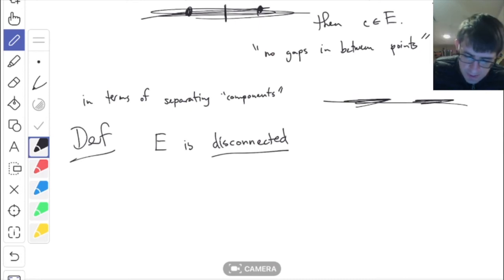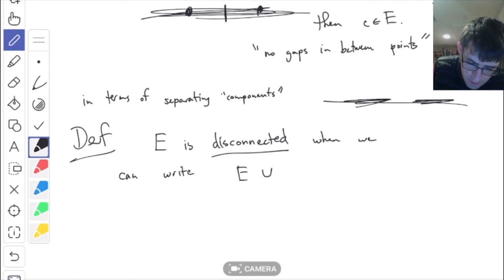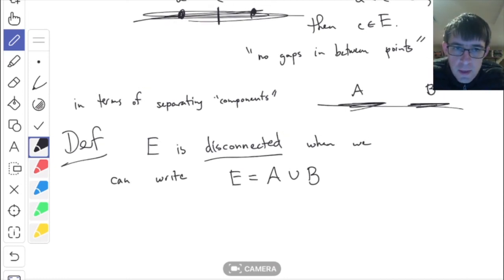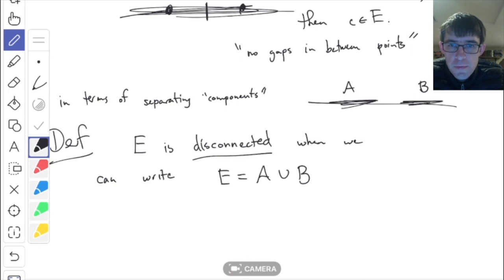E is disconnected when we can write E as a union of two chunks, right? The A and the B is the idea. My beautiful face is getting in the way. All right? E is disconnected when we can write E as a union of two separate chunks like this.